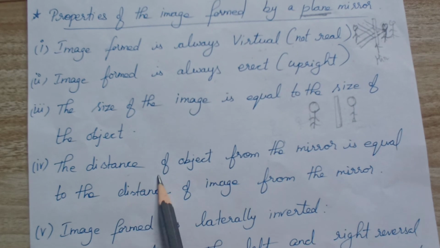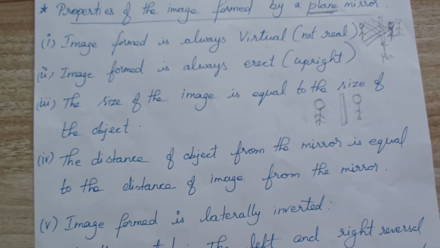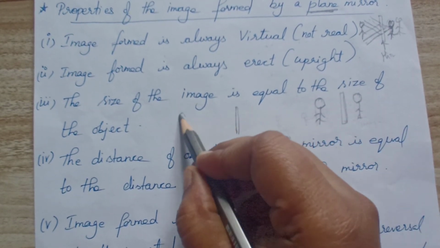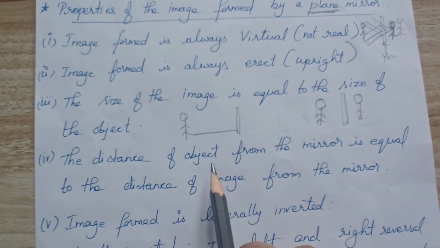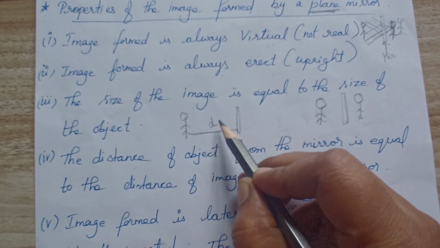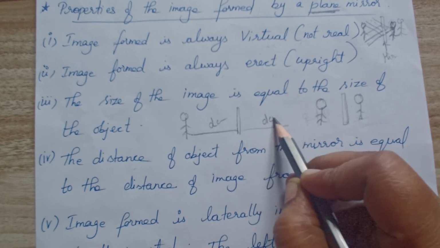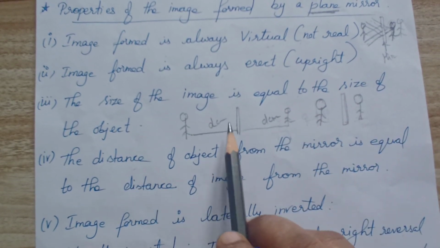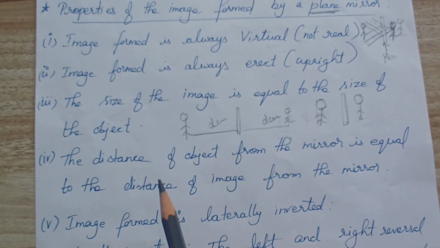Next one, the distance of the object from the mirror is equal to the distance of the image from the mirror. That means what? This is a mirror. If you are standing here, the distance between the object and the mirror is, for example, d centimeters, and the image formed will also be d centimeters away, here.